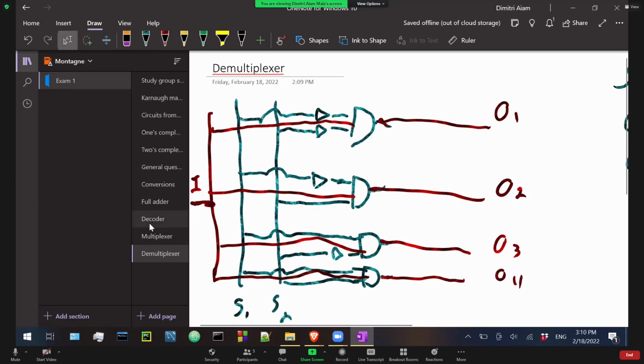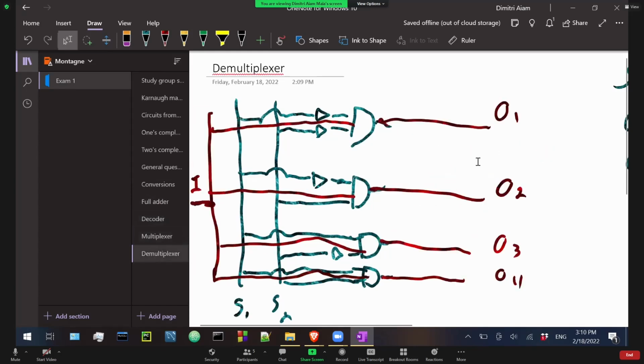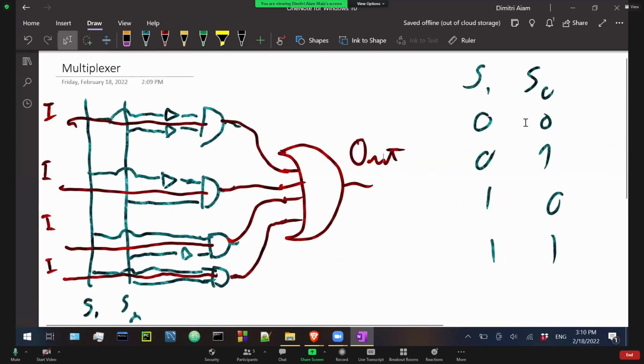Feels weird and hard, but once you get this basic structure, it becomes very intuitive to make everything else. Yeah, it's very important to know the architecture of all these different circuits, because I would assume we come back to them. In the digital electronics course I took, which is very similar to this, we kept coming back to this after the first semester. So I would definitely remember these.